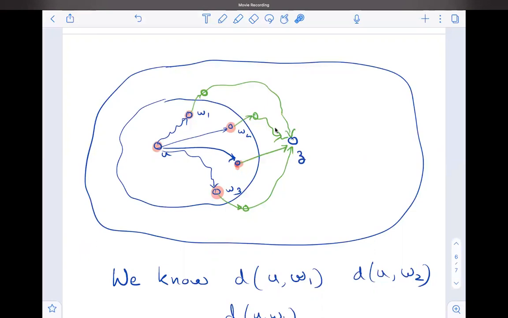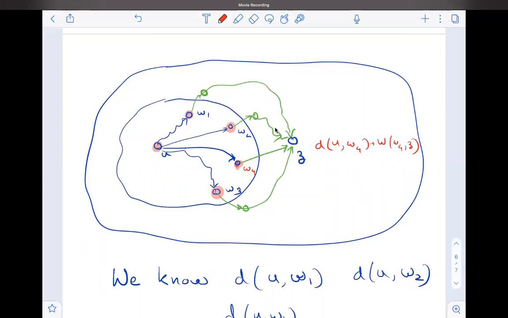So if I have to pass through this vertex, then the shortest path between U and Z would be how much? It would be the shortest path to W4 plus the weight of the edge W4 to Z. So this is the shortest path between U and Z if we pass through W4.